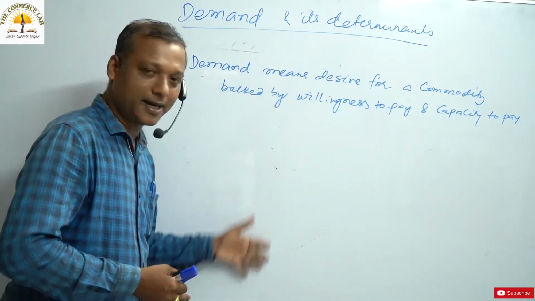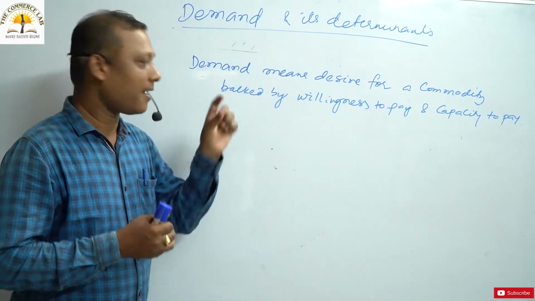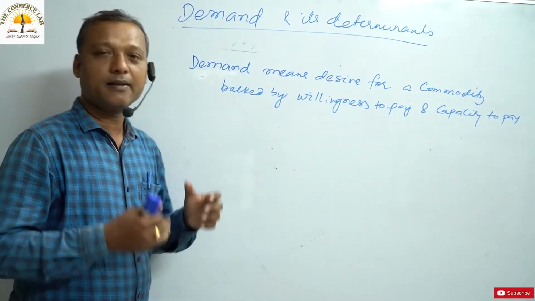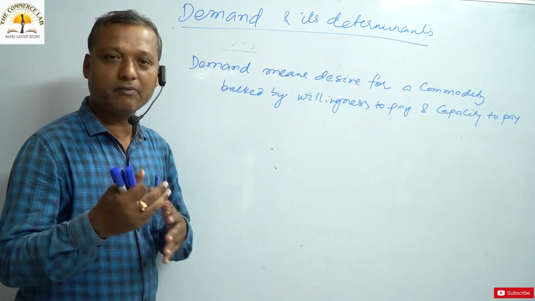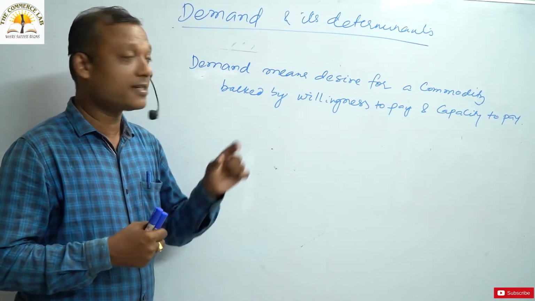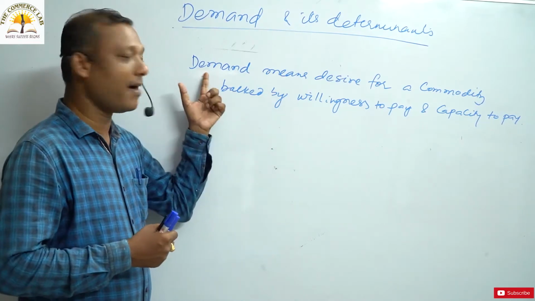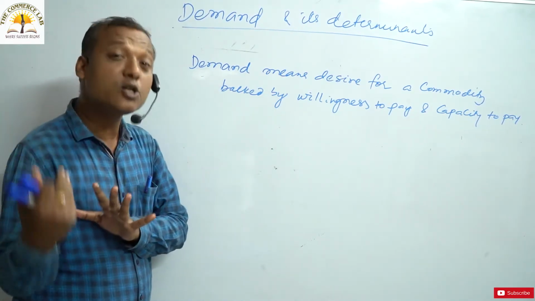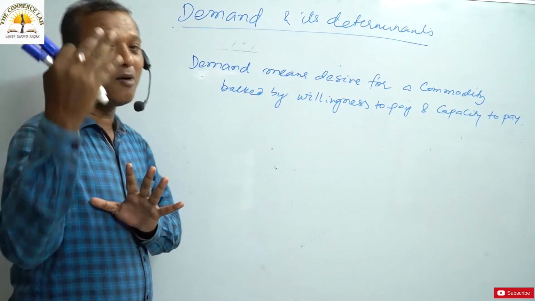Now we'll study how it works. The activity of consumption, the role of the consumer, the aim of the consumer must be satisfied through this, because demand is purely a part of the consumer and supply is a part of the producer.